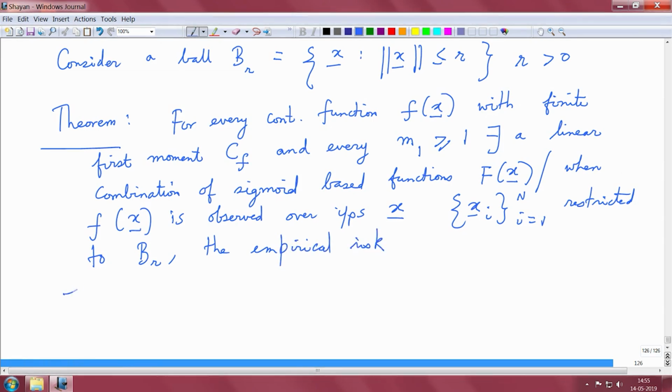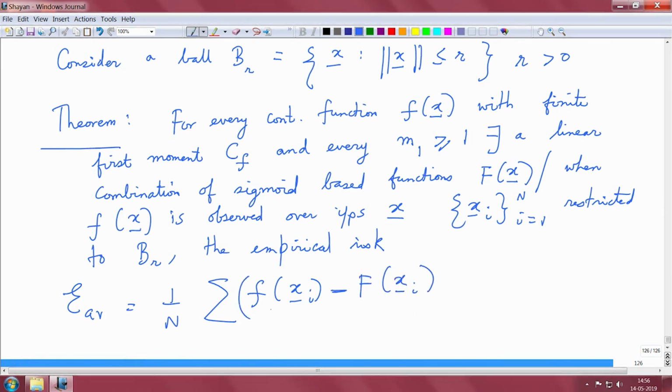The empirical risk is given by this equation. This is a squared error between the function evaluating on the data point and the approximating function acting on this point.